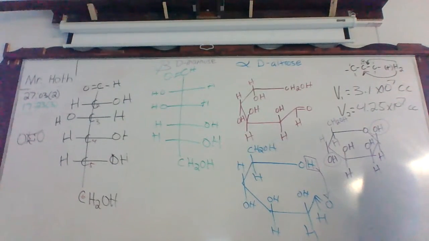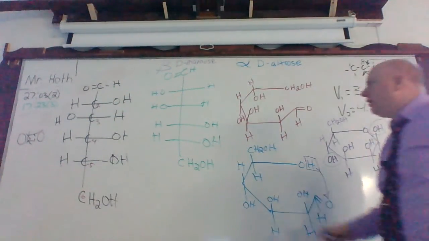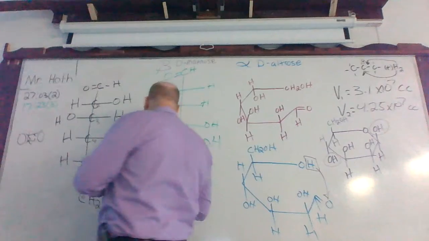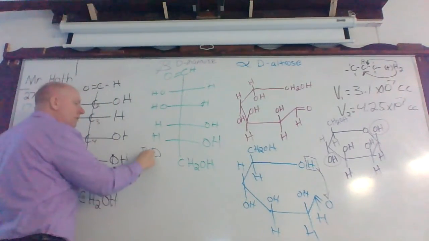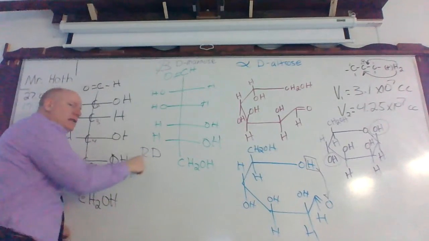Okay. So I have a question. Yes. Beta, when you just put a beta or alpha in front, it's just showing you where the OH is pointing. For carbon 1. Yes. Yep. So remember on your Fisher formula, it said R and D. So right meant down, which it does.